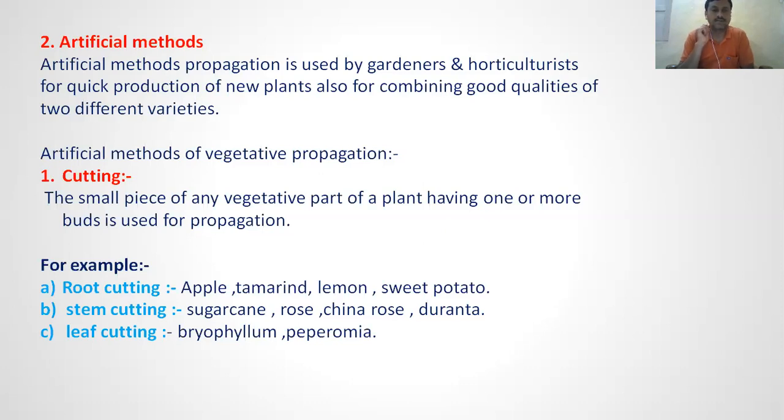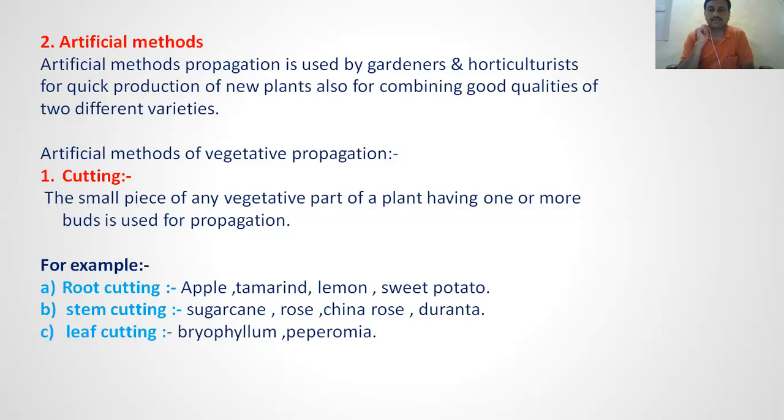For example, root cutting, stem cutting, leaf cutting. In definition, a small piece of any vegetative part of the plant, root, stem, or leaf, having one or more buds is used for propagation. For example, root cutting: apple, tamarind, lemon, sweet potato.